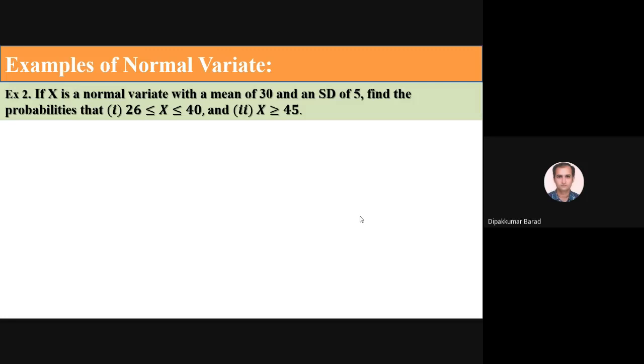Here we are given the mean and standard deviation, mu and sigma, and we want the probability of 26 ≤ x ≤ 40, so x1 and x2 are given.